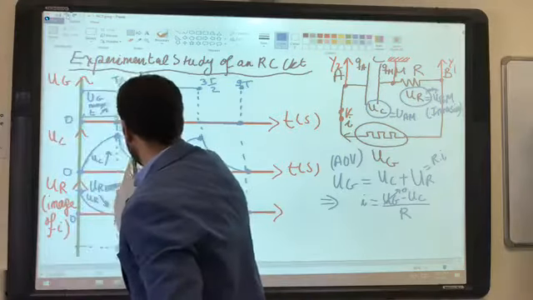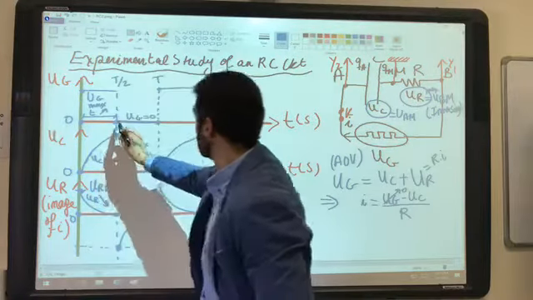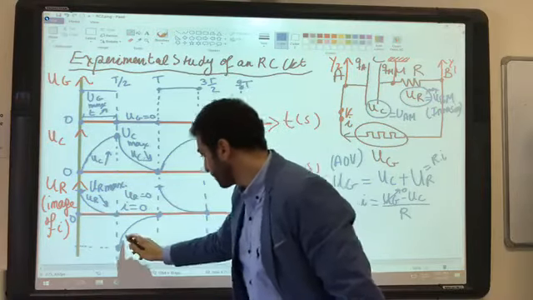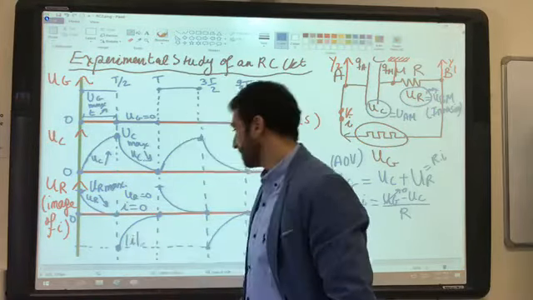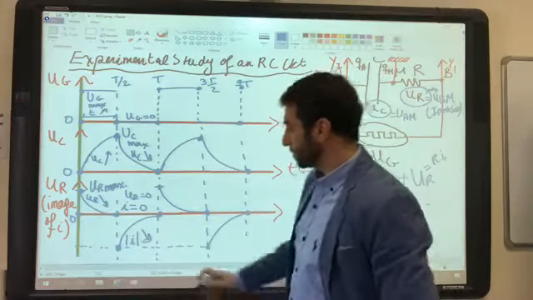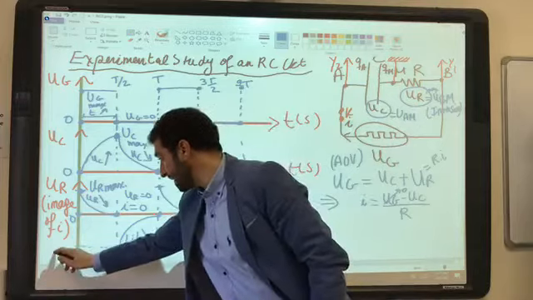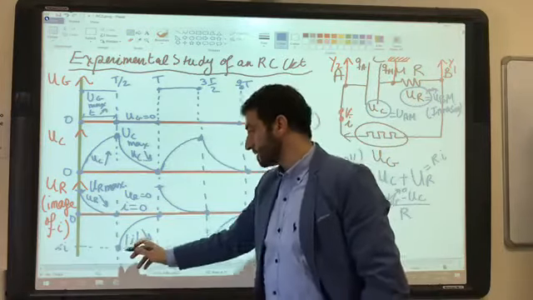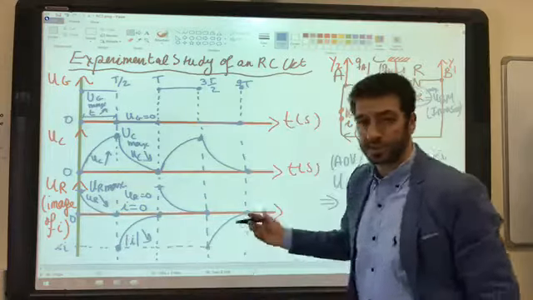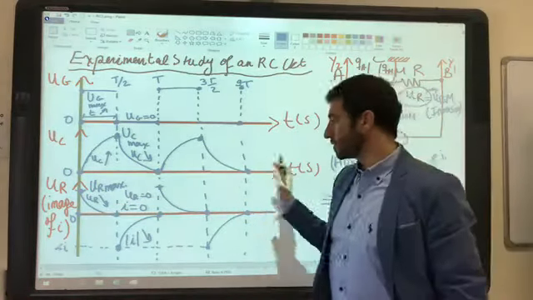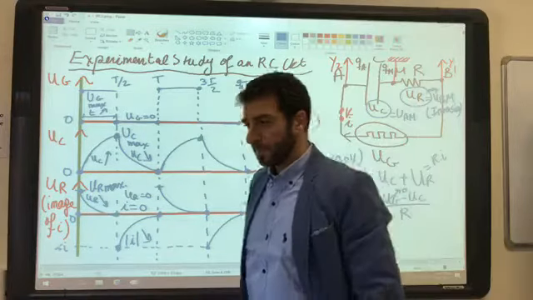So that's why here UC is decreasing from T over 2 till T. The current here, in absolute value, is decreasing because we have taken the absolute value of minus I. The absolute value is decreasing as if it is positive, but it's decreasing because it is consuming the current. And it goes on and on.